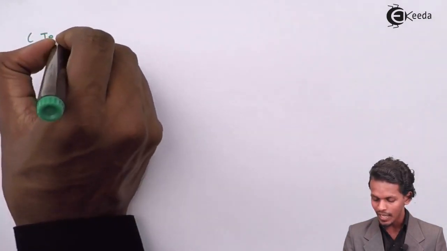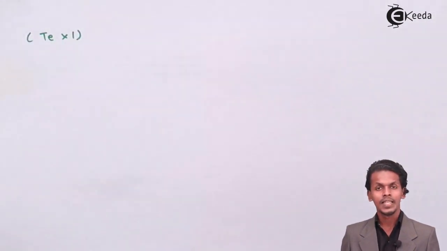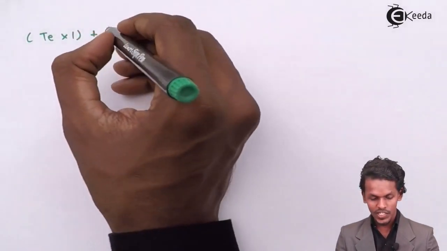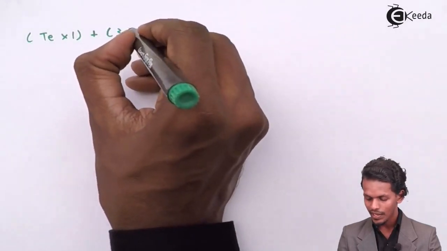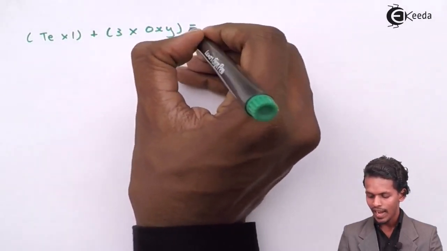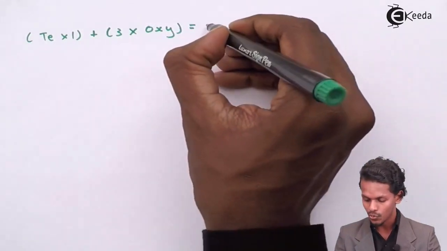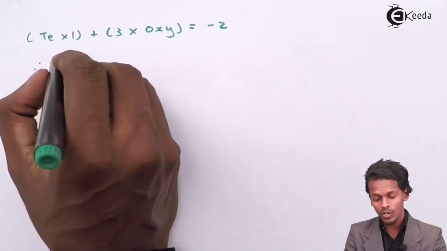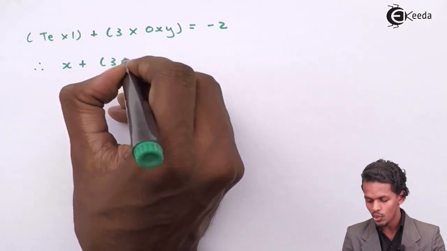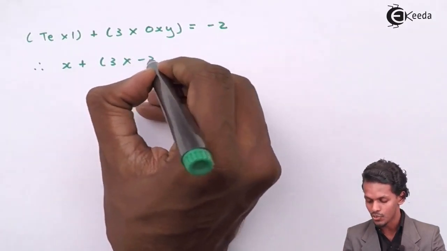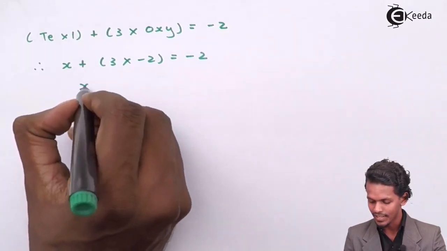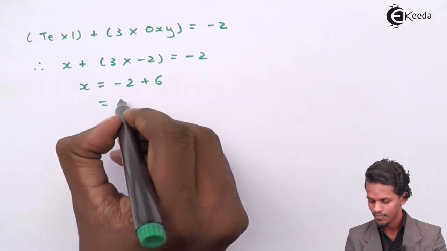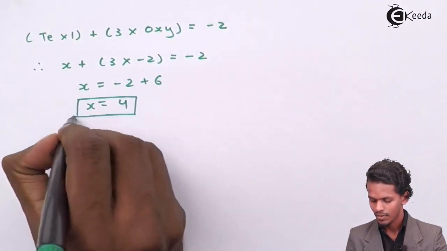since tellurium is present one time on the reactant side, so 1 into tellurium plus oxygen, which is present 3 times, so 3 into oxygen, and the overall charge is -2. So therefore I would consider the oxidation number of tellurium as X plus 3 into the oxidation number of oxygen, which is -2, which will give us the answer as 4.